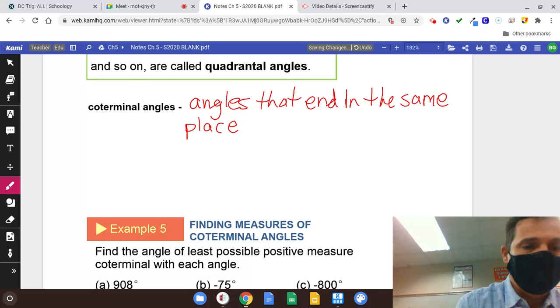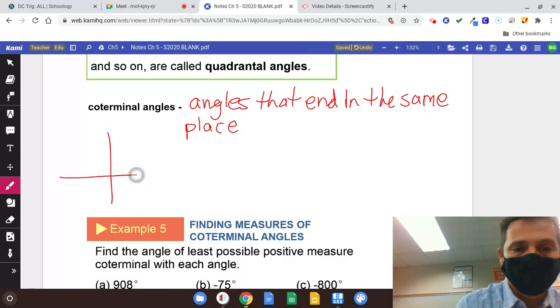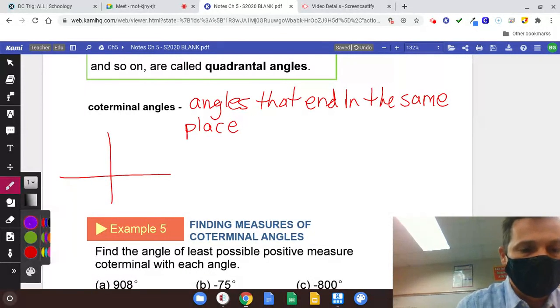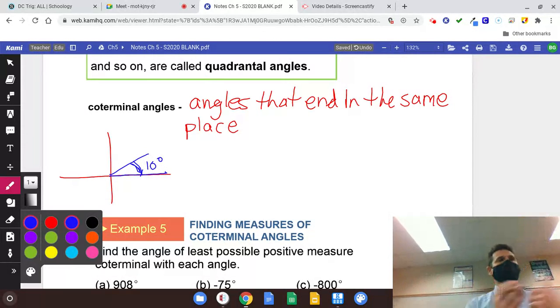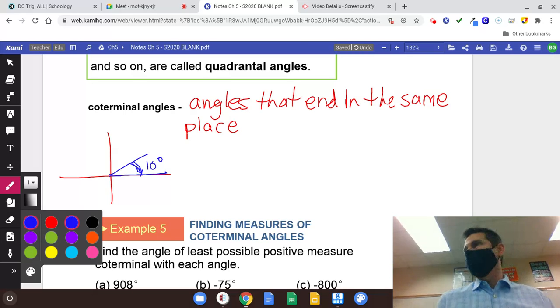Think about a 10-degree angle. So if I drew a 10-degree angle, I'd have the initial side and I'd have the terminal side, and then this measure right here is 10 degrees. Okay, that's a 10-degree angle, right? I didn't draw that to scale, but you can imagine that's a 10-degree angle right there.